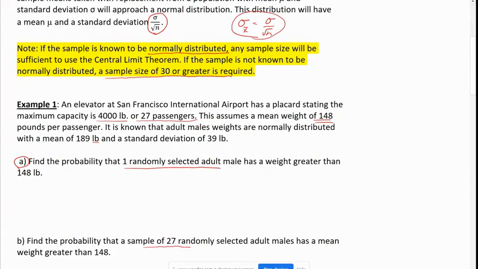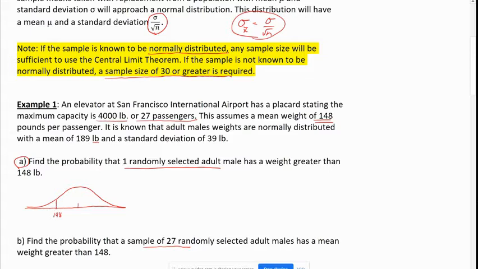In this case, think about a normal distribution, because the weight of humans is normally distributed. If we imagine everybody's weight in the United States, for example, that would be a normally distributed set of data. So we're looking at 148.